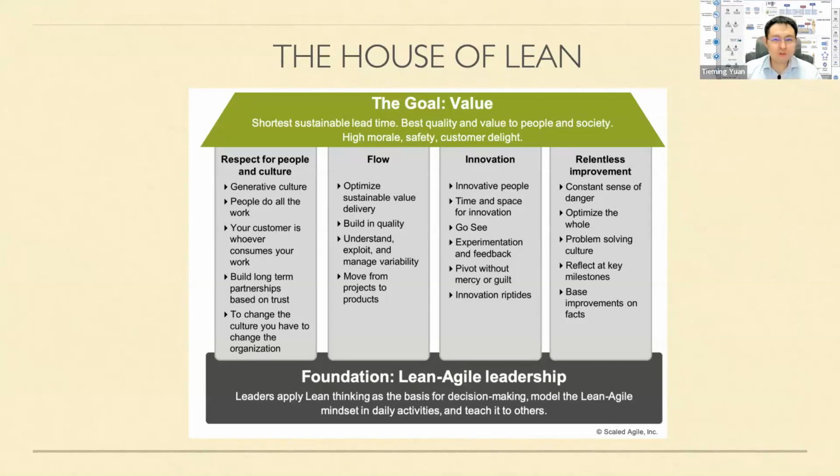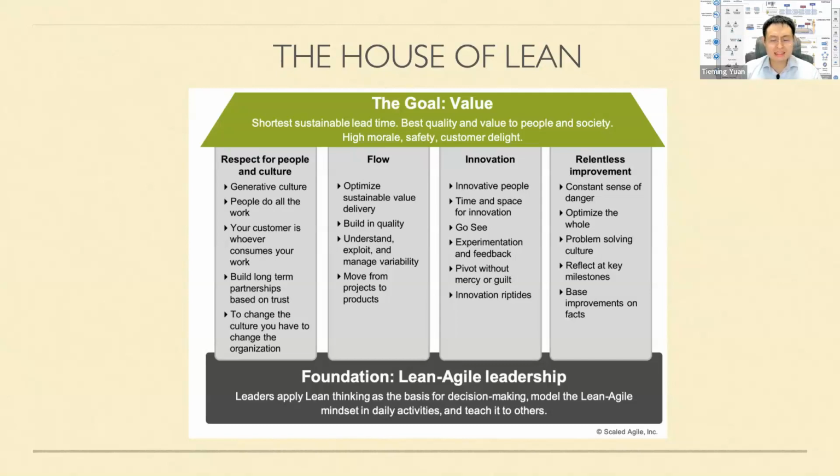So people don't feel safe to voice creative ideas, don't feel safe to voice controversial ideas, don't feel safe to say no, or to introduce something different. Then it's very hard for you to have flow, innovation, and relentless improvement.